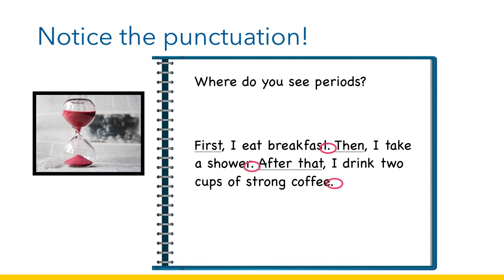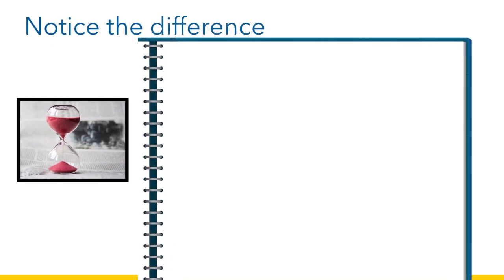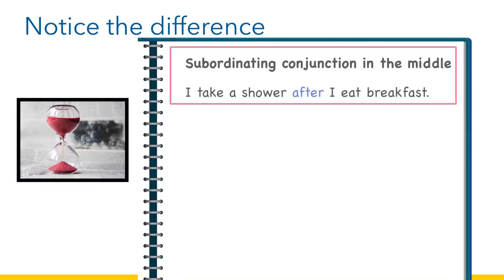All right, let's review what we've just learned. If we use a subordinating conjunction in the middle of a sentence, we do not need a comma anywhere in the sentence. As you see here in this example, I take a shower after I eat breakfast.